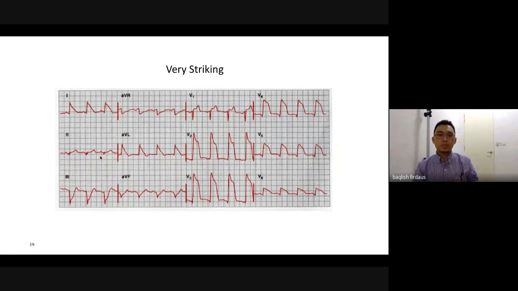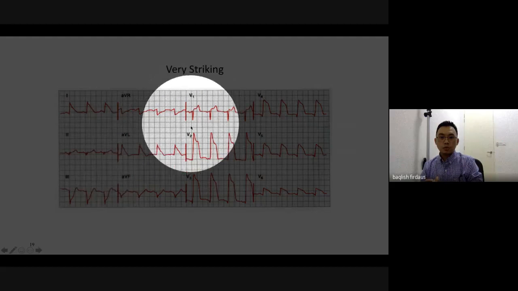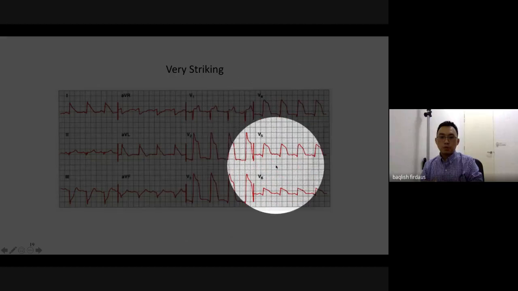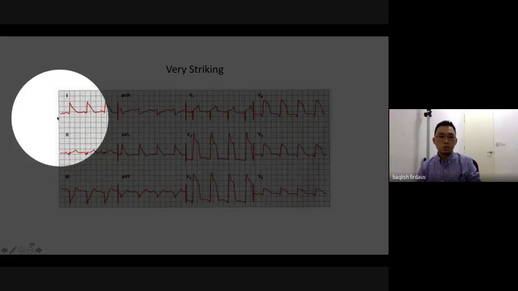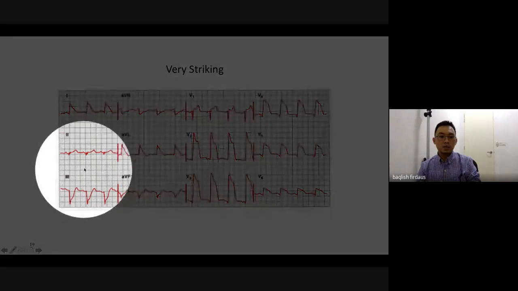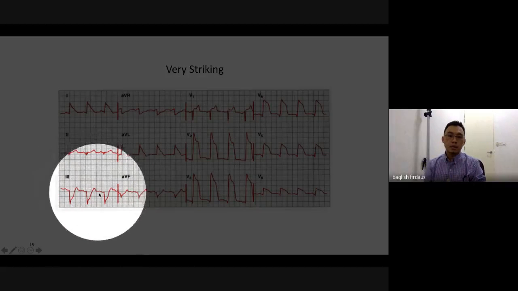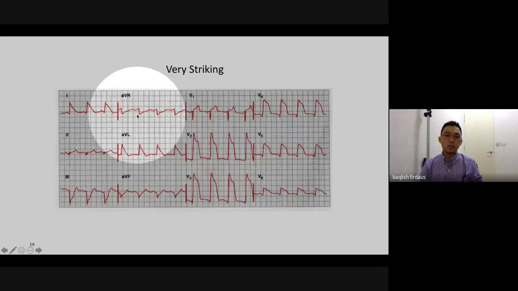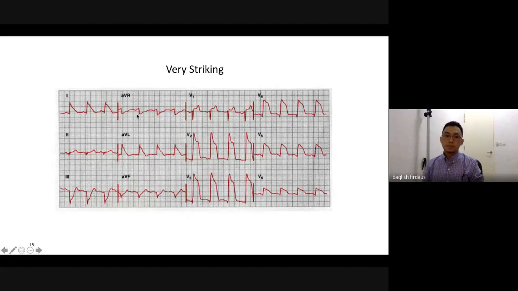As an example here, we have the ECG of a patient with ST elevation over V1, V2, V3, V4, V5, V6, and also leads 1 and aVF. There's also some reciprocal ST depression at lead 3 and also aVF and aVR.